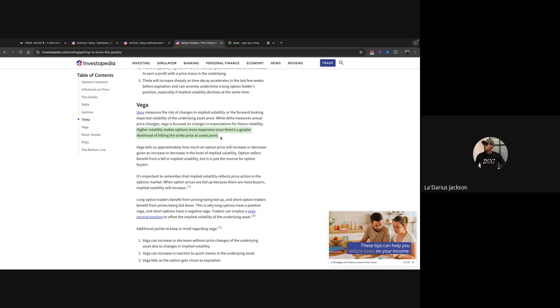They're looking for high volatility. They're looking at implied volatility numbers, because if the stock can move up quick, like if NVIDIA can go from 120 to 130 in one day, then the volatility is going to be higher, which makes the contract more expensive, which also means that it has a higher chance of hitting the strike price.